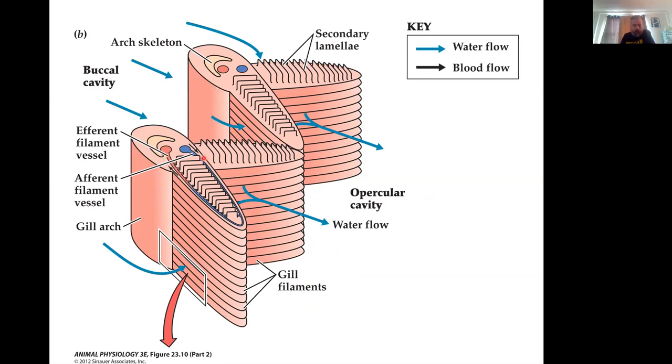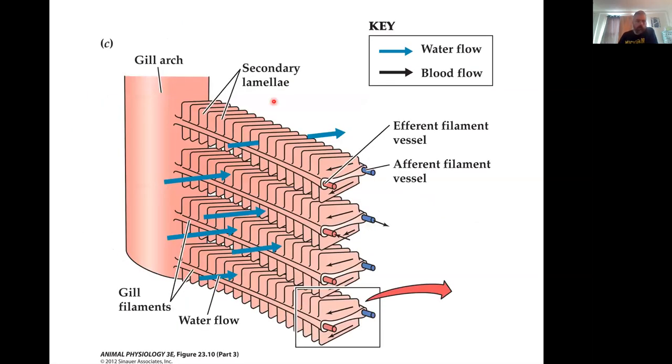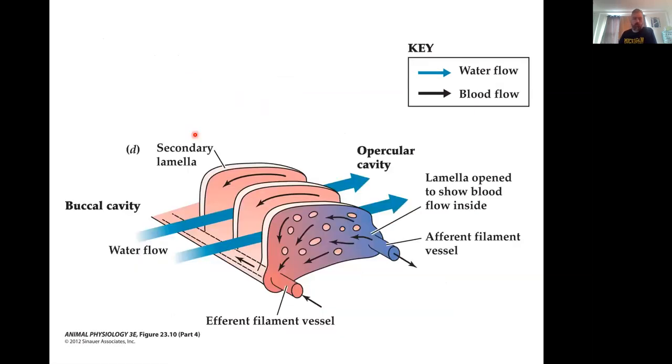We take a little closer view of one of these little gill filaments. We see that they're extremely complex, with these little secondary lamellae on them as well, blood flowing, again, across the direction of flow, right? Being as efficient as we possibly can. We zoom in a little bit further.